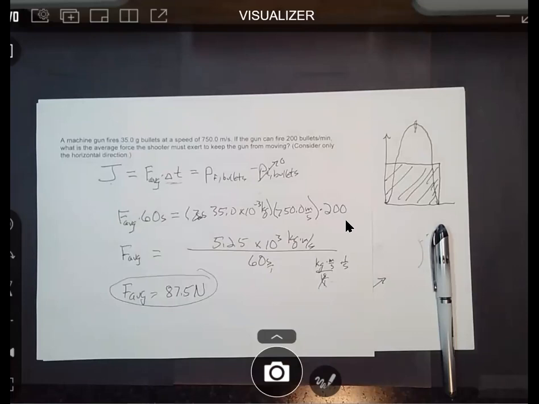The picture that I have on the home page for our campus course is one of the computer images that are generated at the CERN particle accelerator on the Swiss-French border. And that's where, when they have those collisions going on, they're looking at conservation of momentum and conservation of energy.